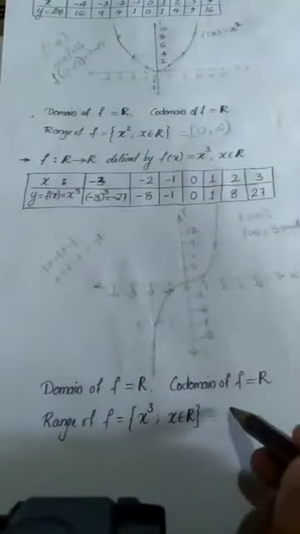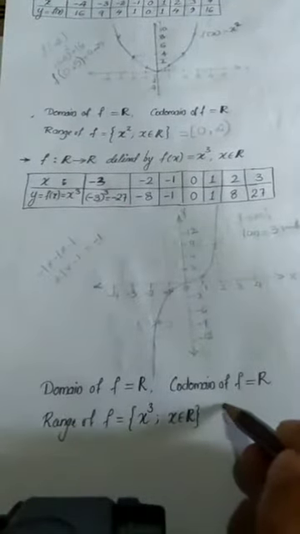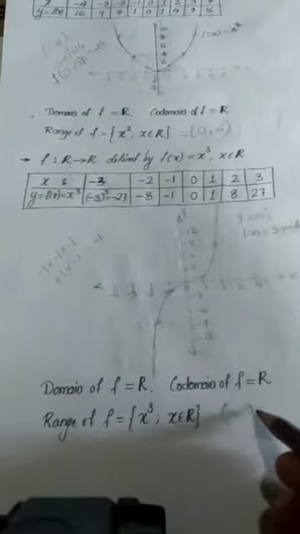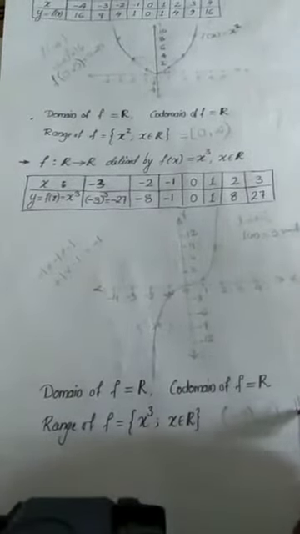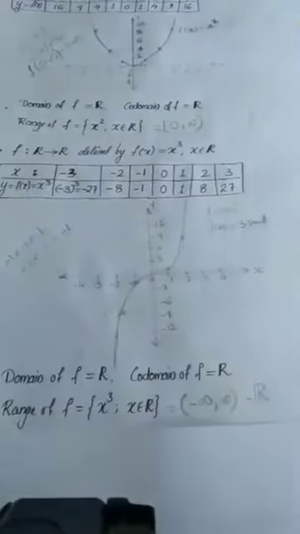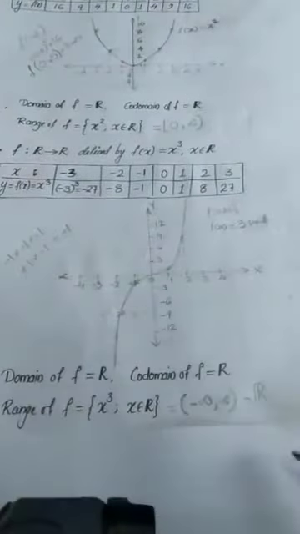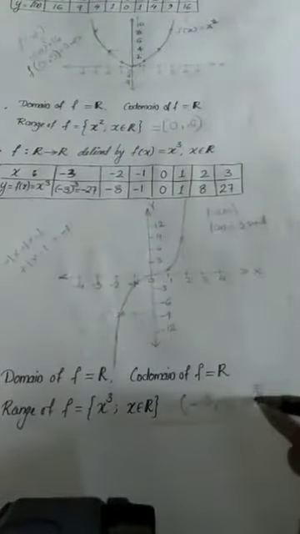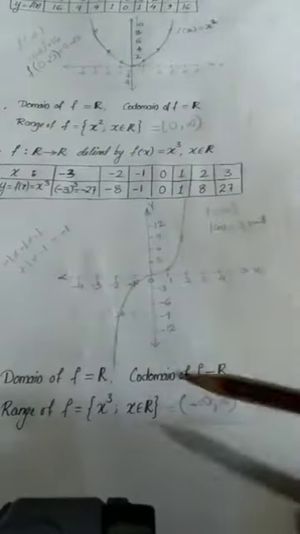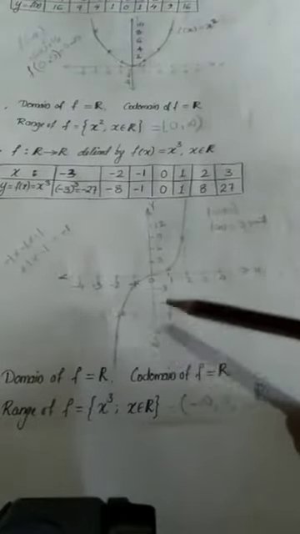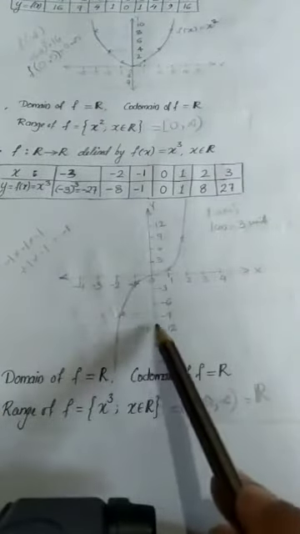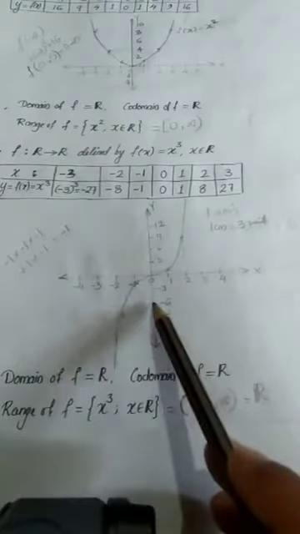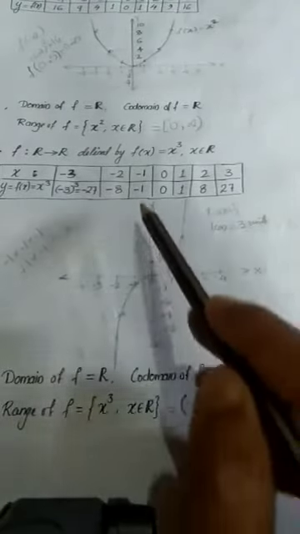So the range of f is the entire real numbers, that is, the set of all real numbers. The range of this function is again the set of all real numbers, because the image of the x-axis is the entire y-axis.